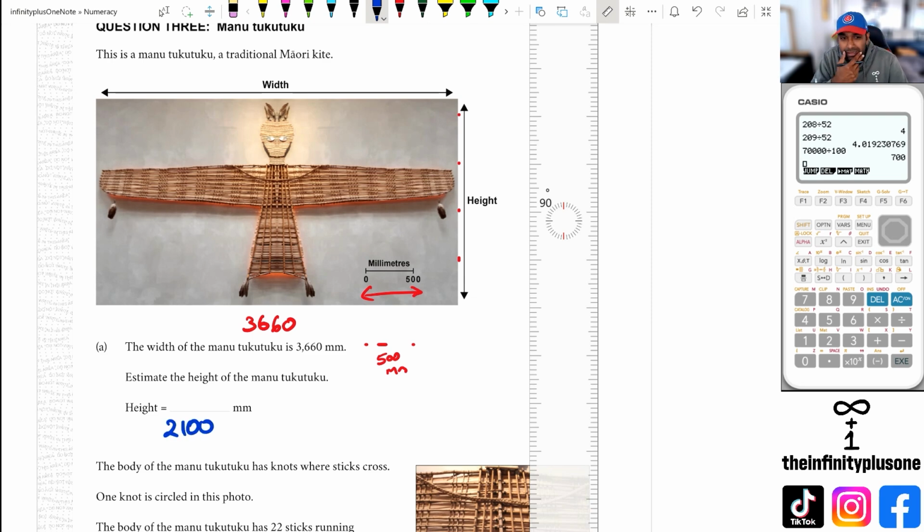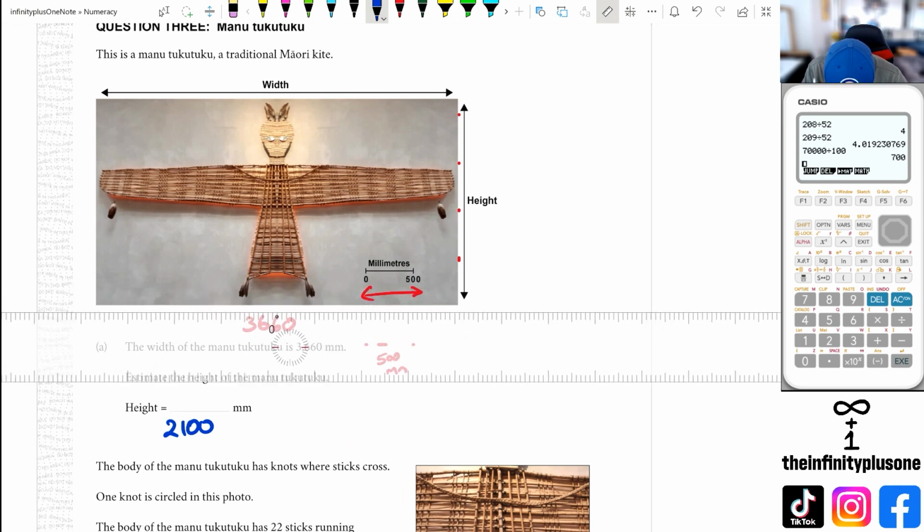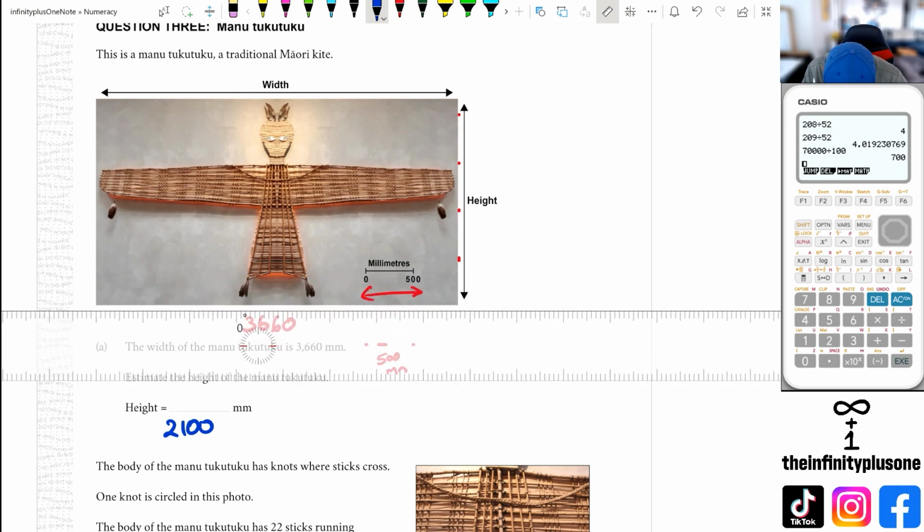The other way of doing it is looking at it this way, right? So here I'd measure it from here to here. So that's going to be 1, 2, 3, 4, 5, 6, 7. Yeah, it's like 7.5. 7.5 times 500, roughly that.